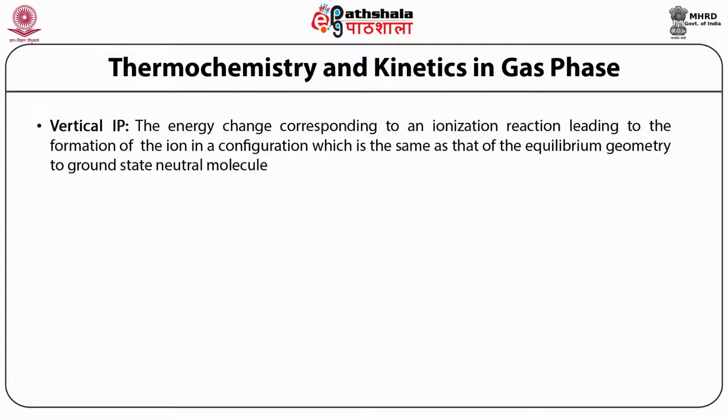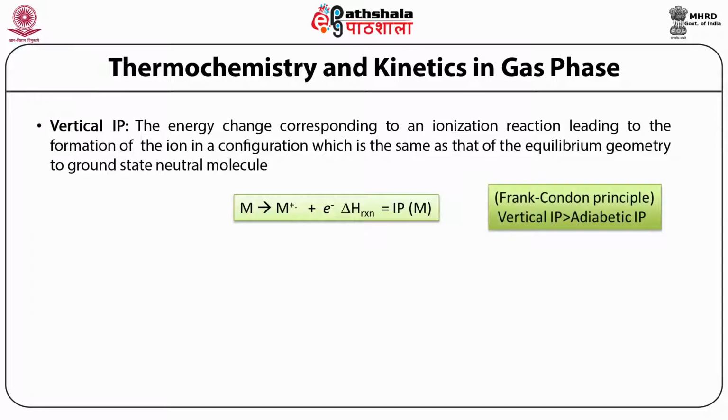In this case, in the ground state, a molecule is getting converted to its ion without any change in its equilibrium geometry. So here, in this kind of reaction, the Franck-Condon principle applies, where vertical IP plays a much more predominant role than adiabatic IP.